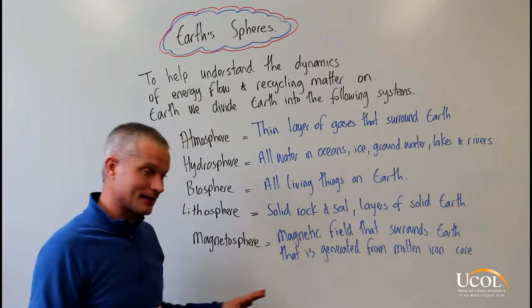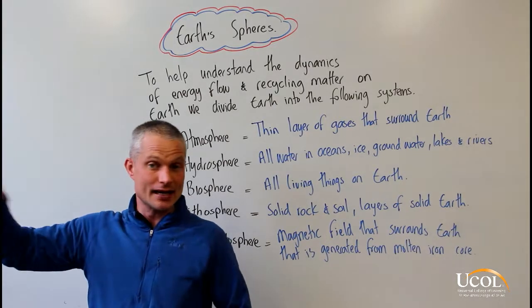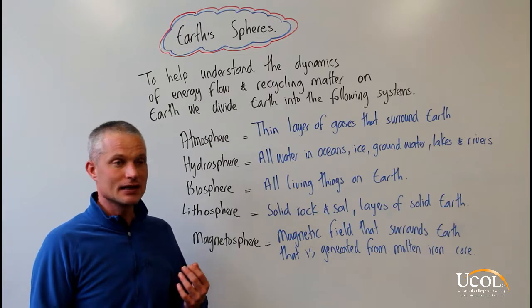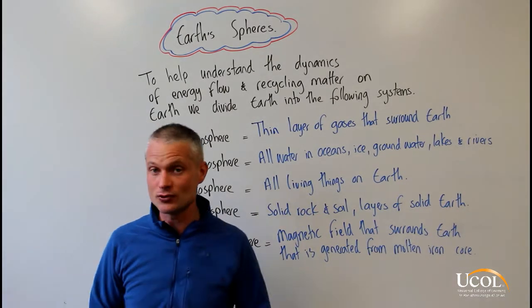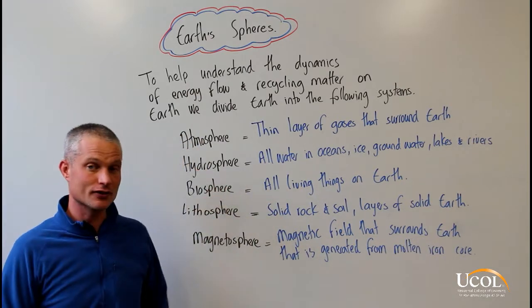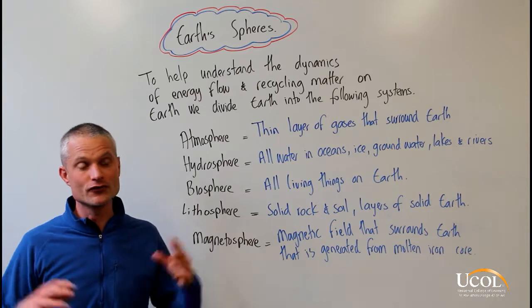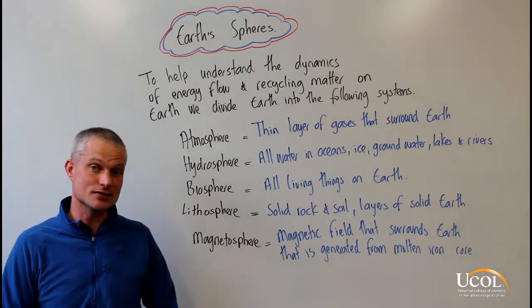But the magnetic field that surrounds Earth deflects most of that harmful radiation away from Earth and allows gentle, beneficial conditions to support life on Earth. So it wouldn't be possible for all the diverse life on Earth to be here without the protection of the magnetosphere.